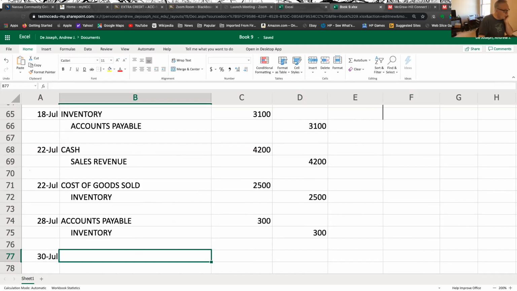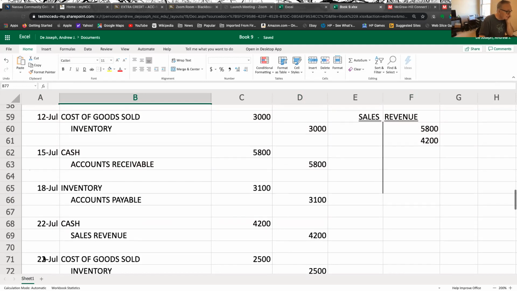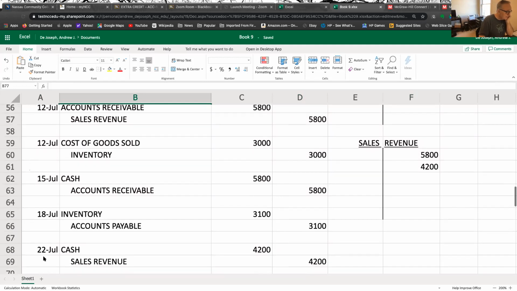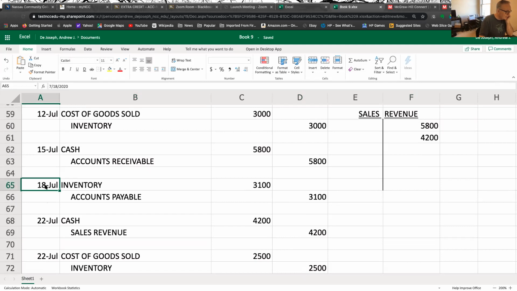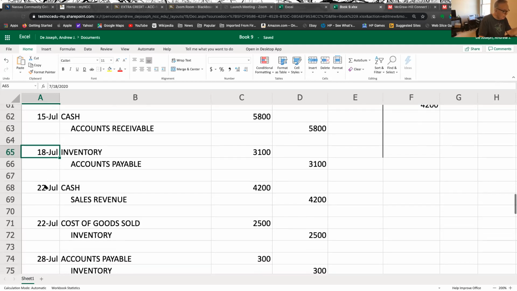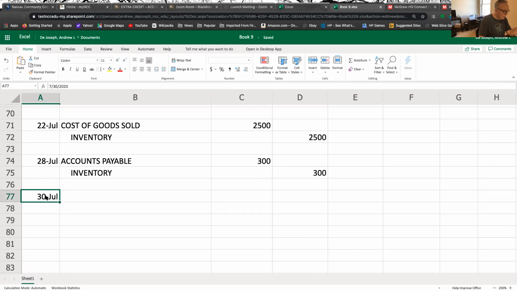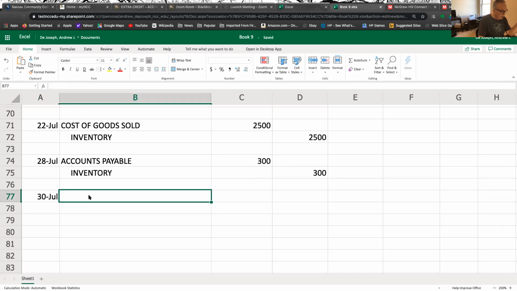Now, remember when we bought that stuff from them? It was on July 18th. If we could pay them in 10 days, we could save 1%. When are we paying them? July 30th. That's more than 10 days. We don't get to save the 1% now. Now we just got to pay the full amount.